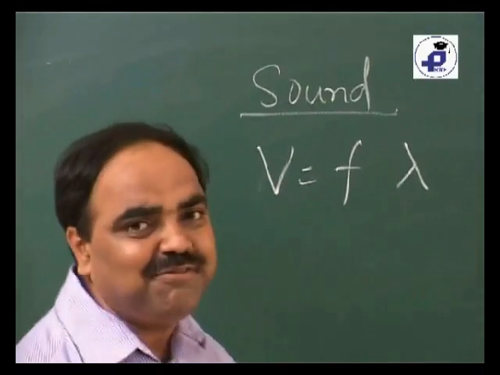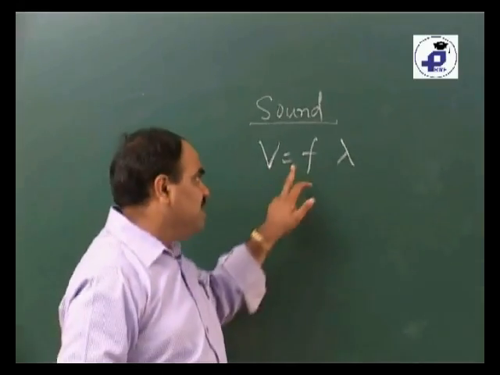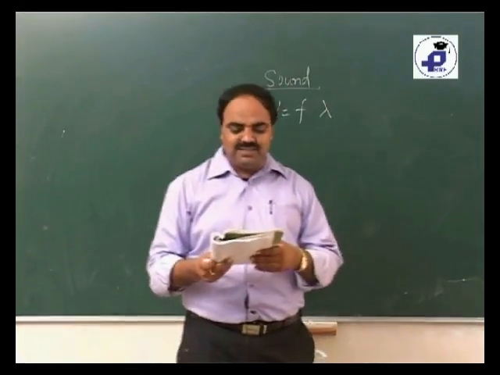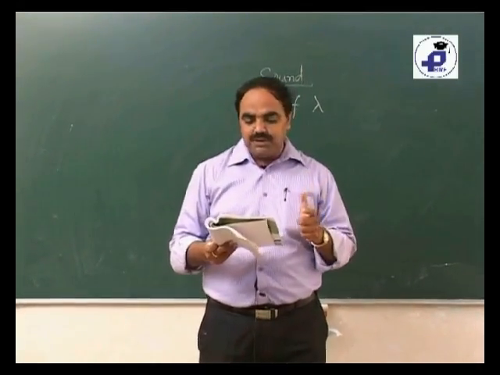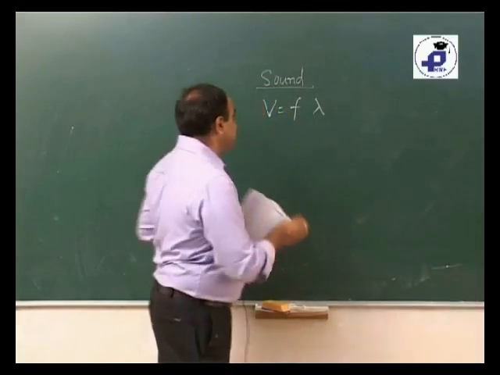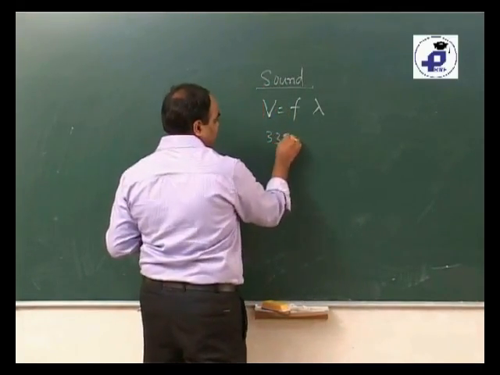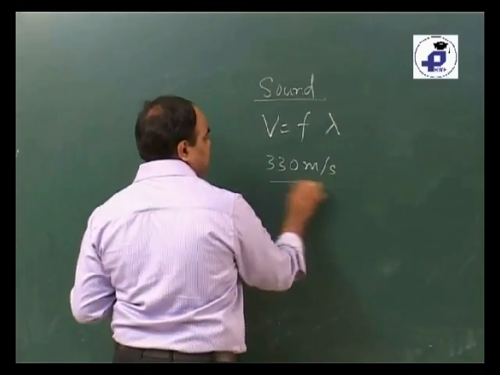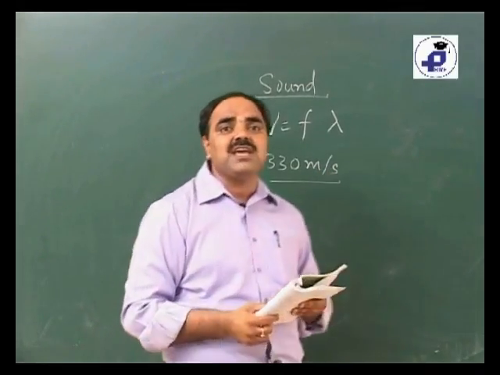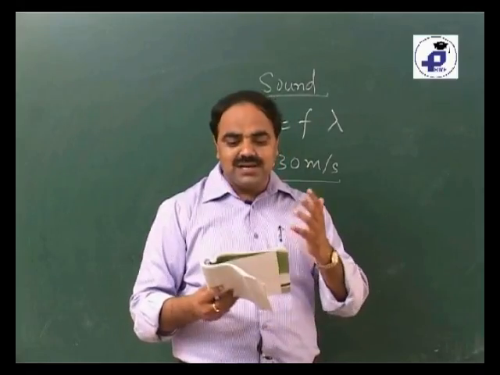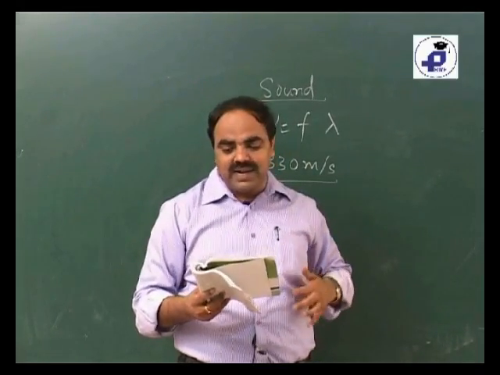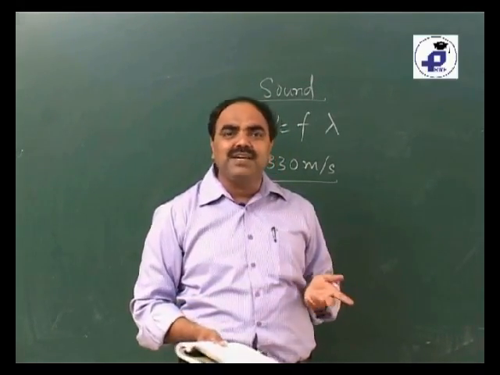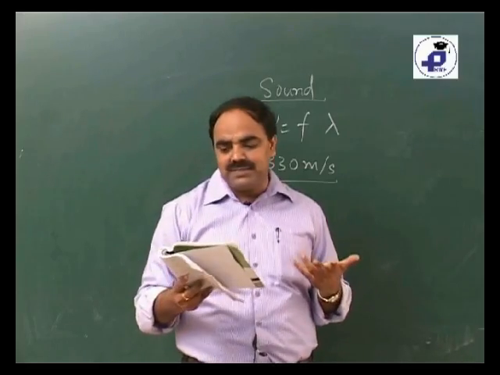Now v is f lambda: velocity, frequency, wavelength. Speed of the sound is always taken as 330 meter per second. Sometimes it is expected even as 336 meter per second.